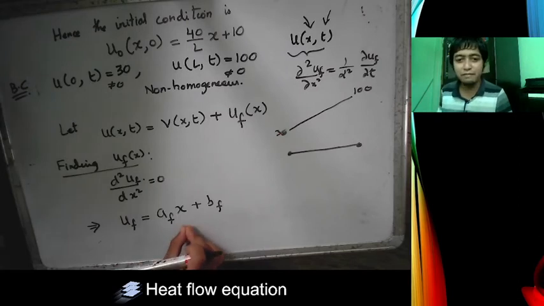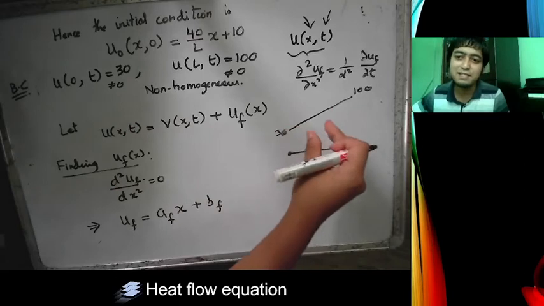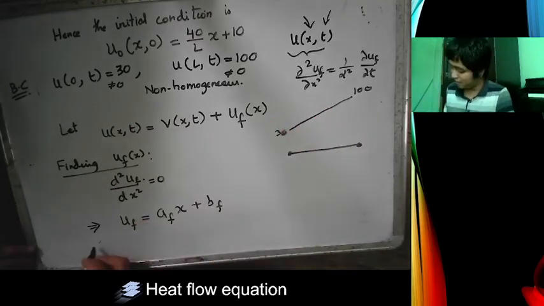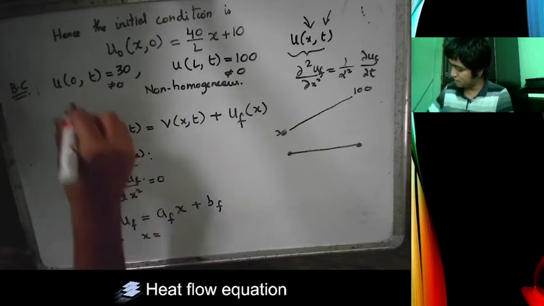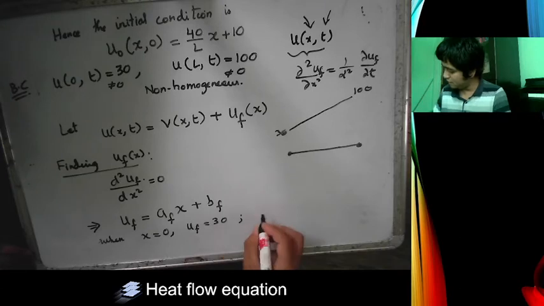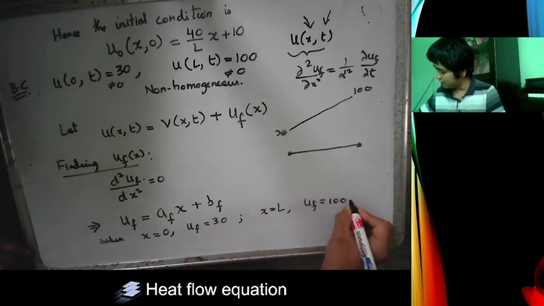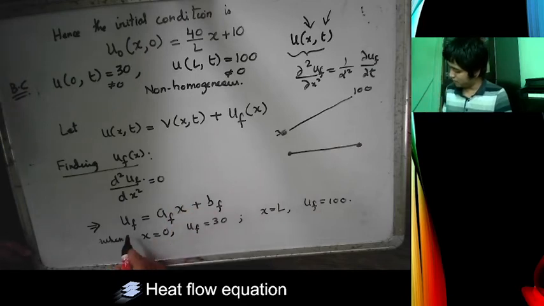Now what do we have to do? We have to find A_f and B_f by using the boundary conditions, because the boundary conditions are still satisfied by u_f. When x equals 0, u_f is 30; when x equals L, u_f is 100. Substituting x equal to 0, B_f equals 30.